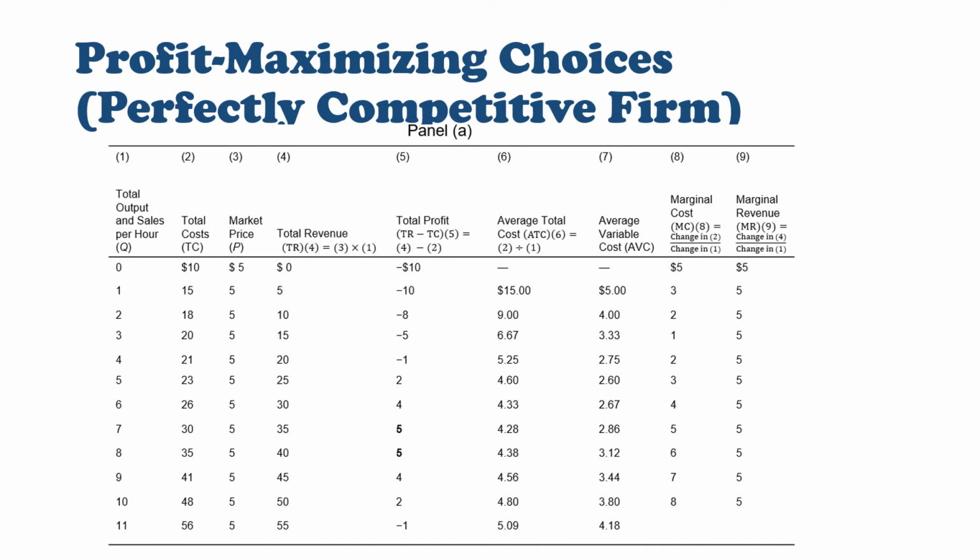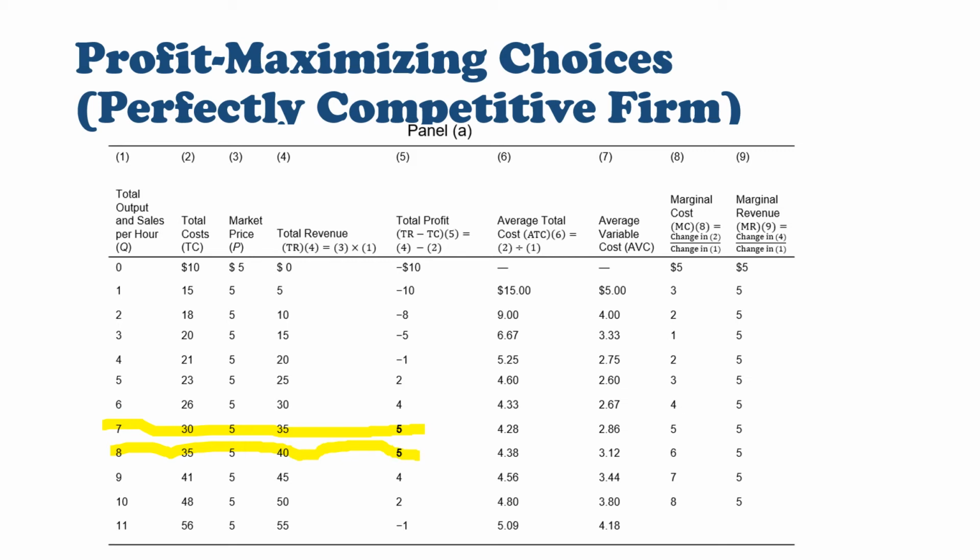Now looking at this table, we want to find where you are maximizing profits. If you go to 7 units of output and you look at the profit, notice that you have the largest profit at 7 units of output and 8 units of output.